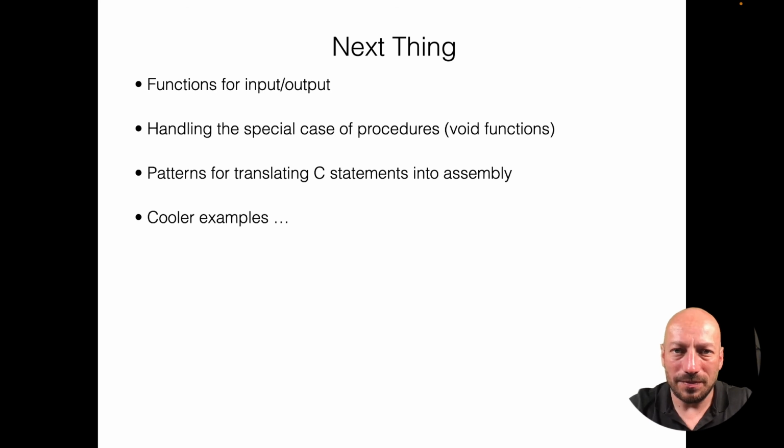And then of course we also should consider the special case that some functions do not have a return value, procedures or void functions in C. And then we should establish these simple patterns for how to translate C code into assembly. With that, we will be able to write cooler programs, like computing the factorial recursively, or the greatest common divisor, or quicksort, things like that.